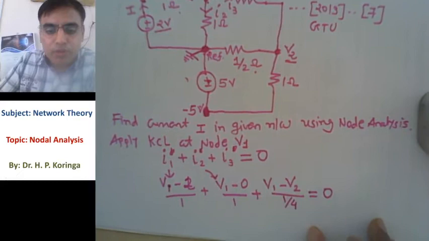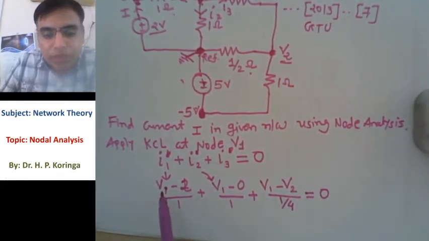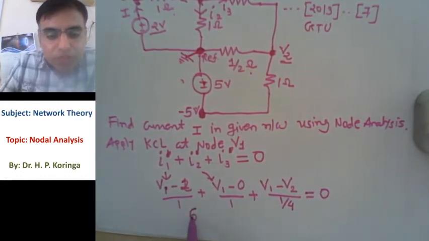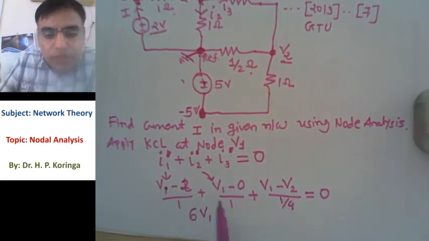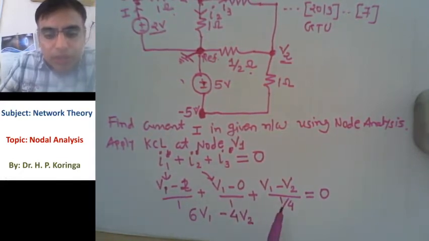So the equation at node 1 is V1 plus 1/4 times... so 4V1 gives 6 times V1, then minus 4 times V2, and minus 2, and taking it to the right hand side, it is a plus.